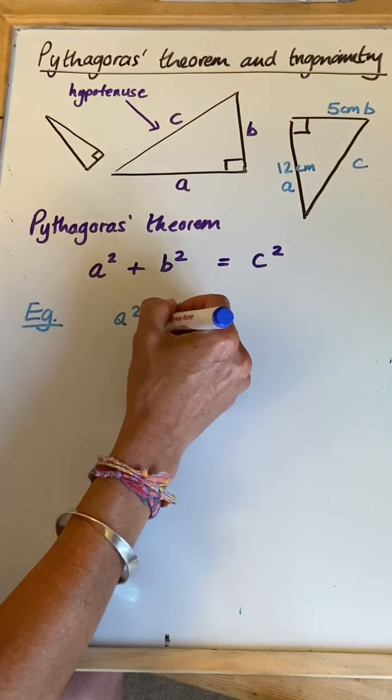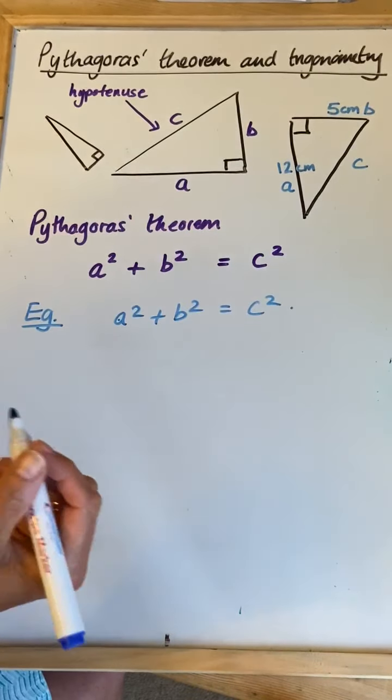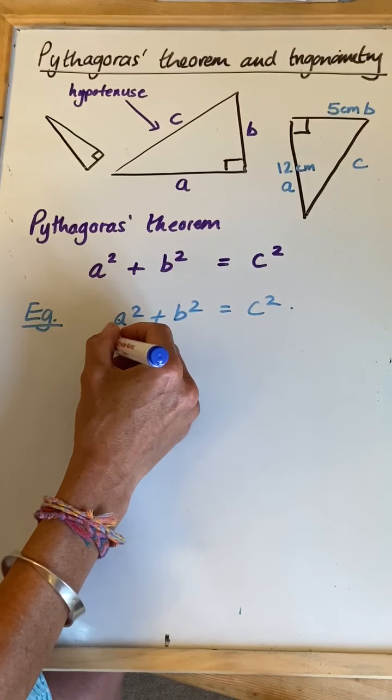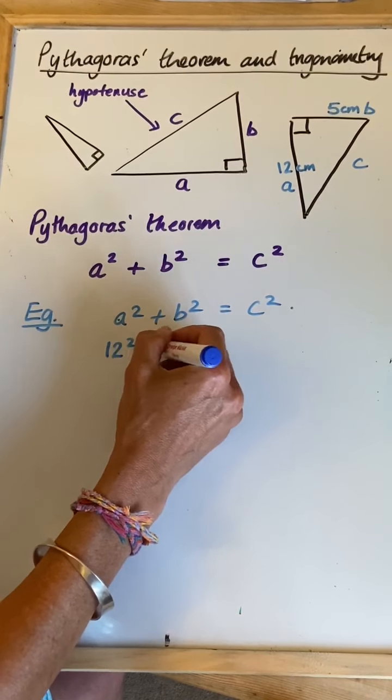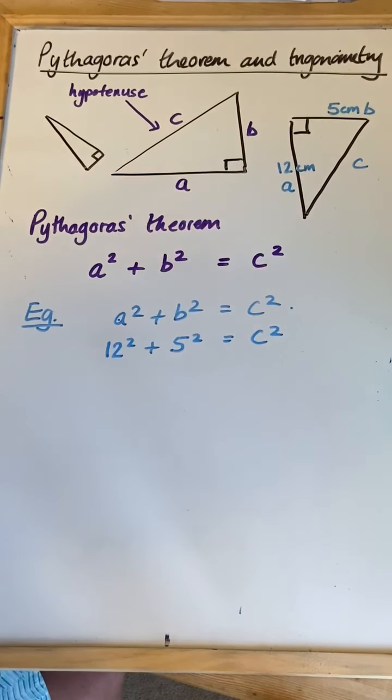So I know that A squared plus B squared equals C squared. So I literally fill in the sides that I know. So I know that 12 squared plus 5 squared will equal C squared.